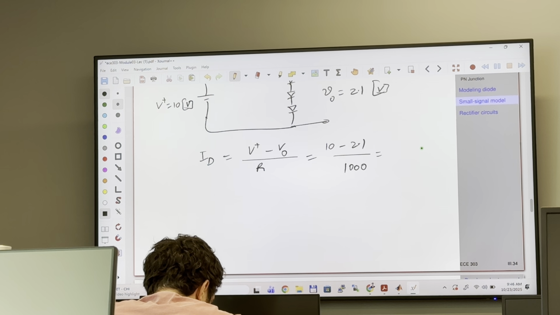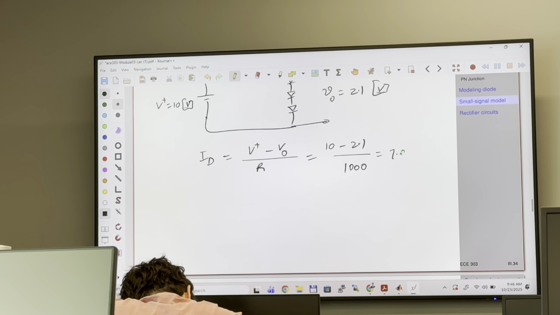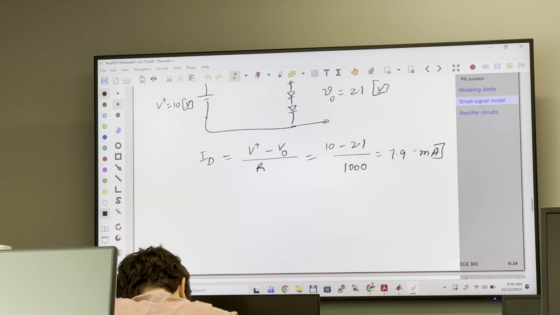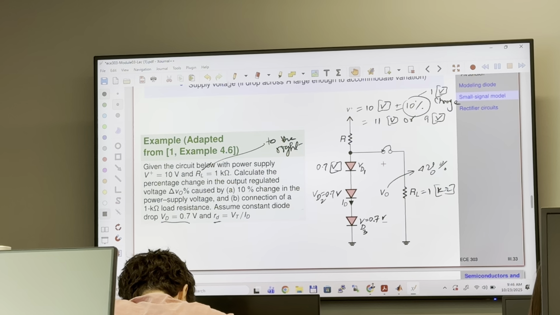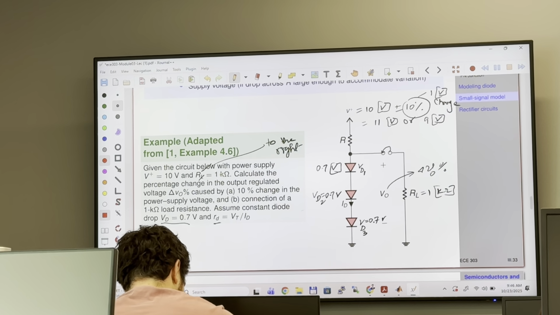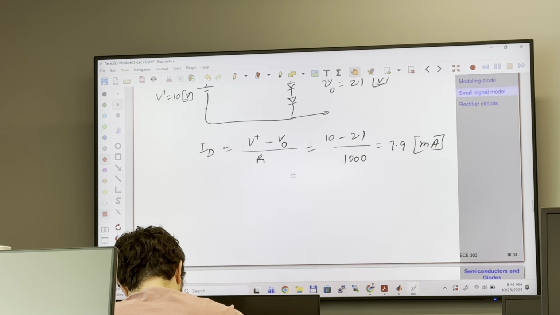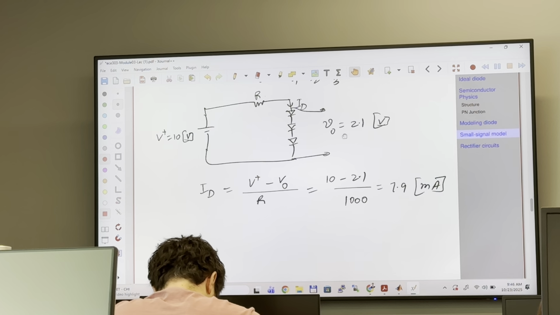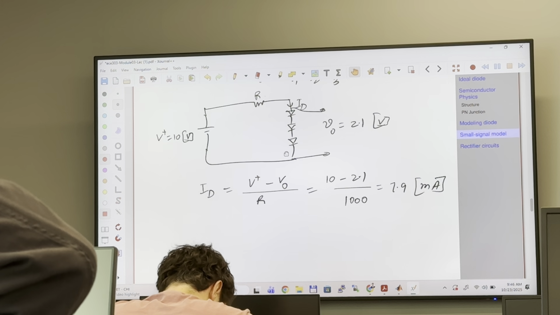How much is it? It's 7.9 milliamps, right? That is the current. So please do correct that this is R. Okay, so we did the DC biasing. Therefore, we know the output voltage across these 3 diodes, and we know the current flowing through this diode.